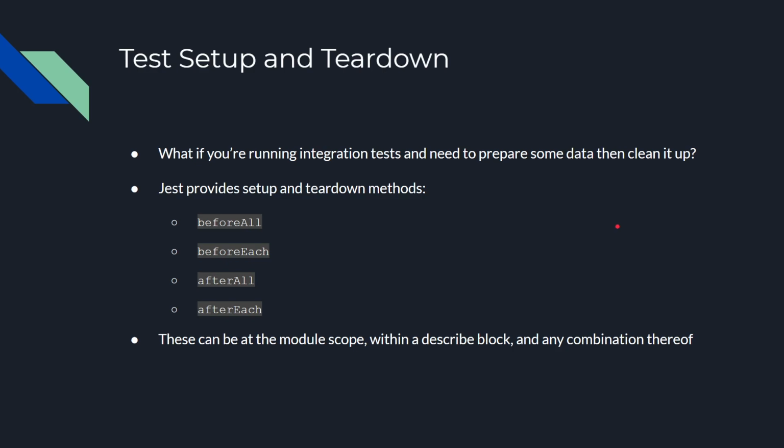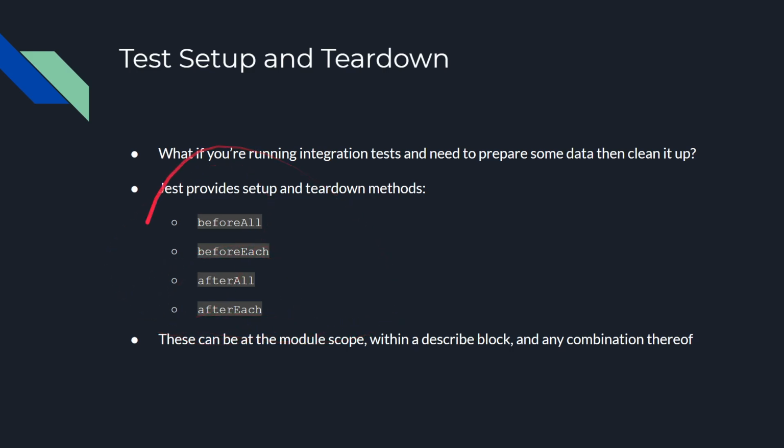We don't want to copy and paste the code a whole bunch of times. Jest provides helper functions for setup and teardown. You can use beforeAll to run some code once before all the tests start, or beforeEach to run it before each test as they run, and then afterAll and afterEach the same.